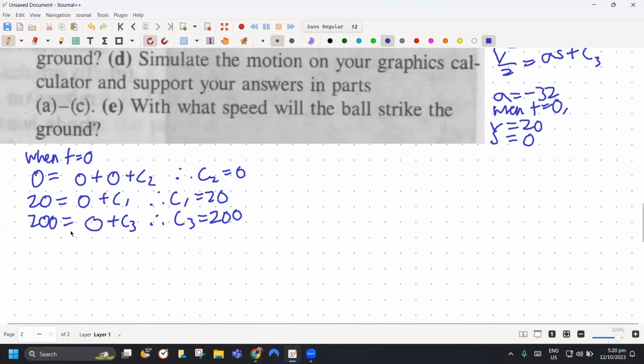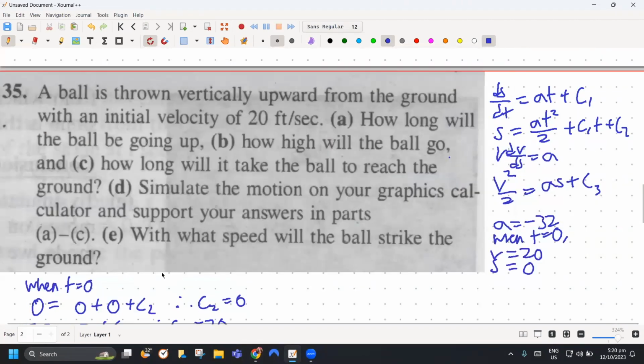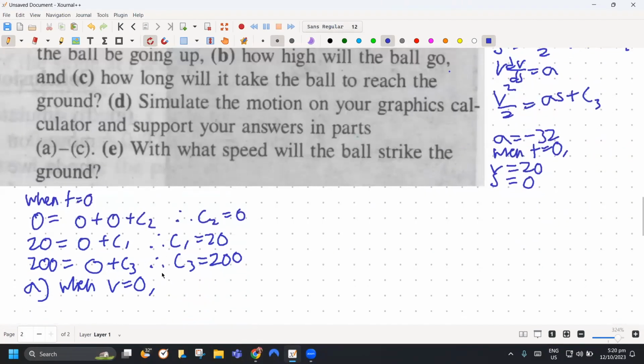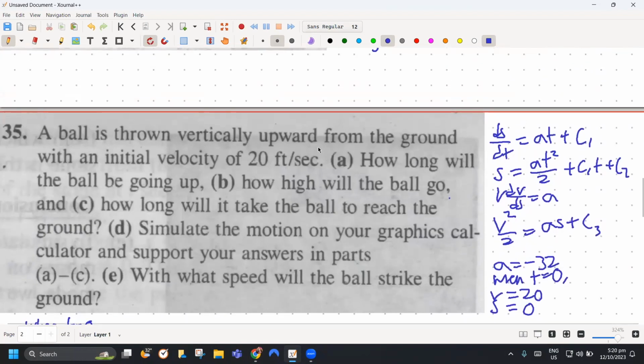Na huwag kalimutan yung units kasi may units yung sagot. It's seconds anyway po. So, eventually.